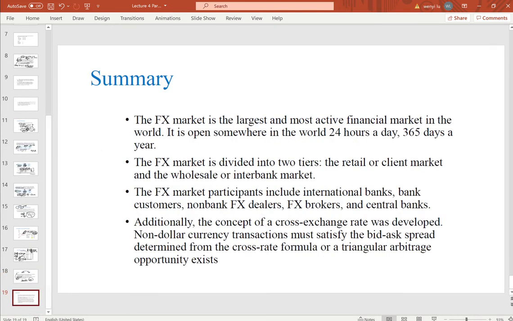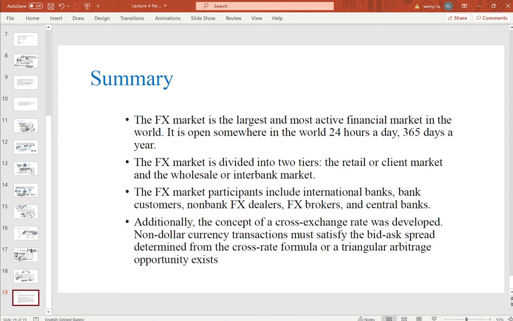So let me give you a summary for this chapter 5. The foreign exchange market is the largest and most active financial market in the world, compared with the other three: the stock market, bond market, and derivative market.